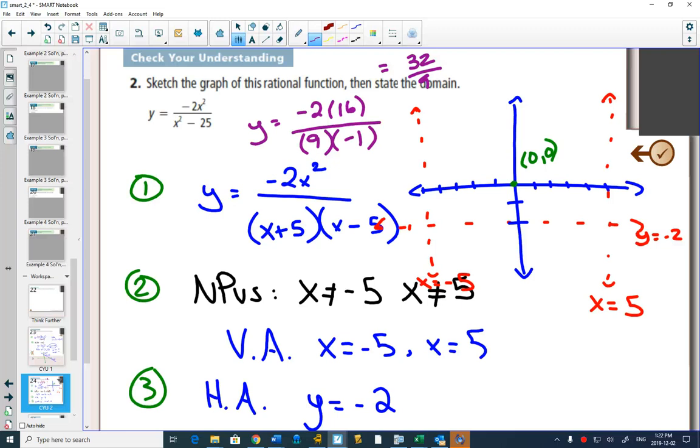So if I plug that point in, first of all, 1, 2, 3, 4. 4 comma 32 over 9. You can kind of just estimate where that would be. Well, that tells me this section is going up towards my asymptote.